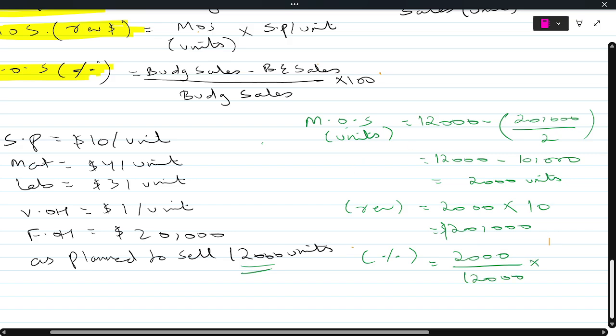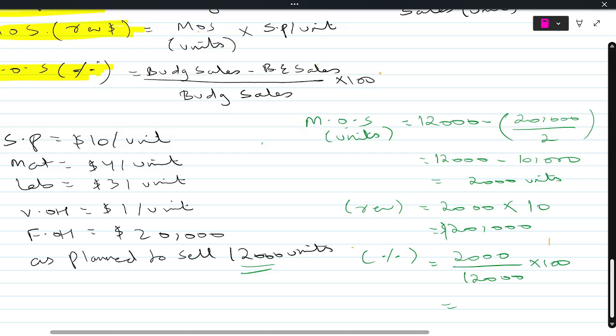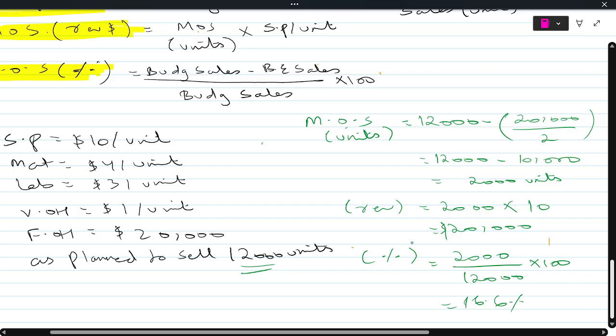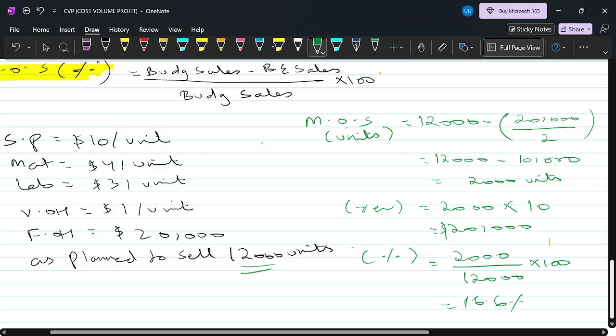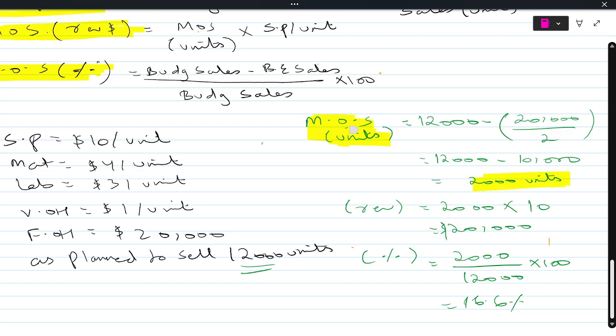So 2,000 divided by 12,000 times 100, and that's going to give you your margin of safety. That's going to be 16.6%. So you see that we have calculated our margin of safety in terms of units, revenue, and percentage. In terms of units, it's 2,000 units. In terms of revenue, it's $20,000. And in terms of percentage, it's 16.6%.